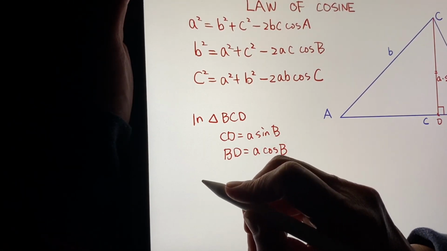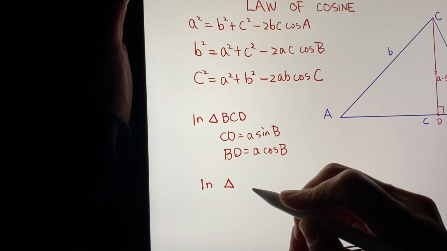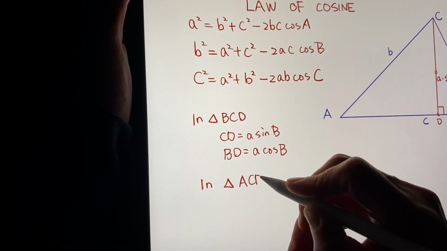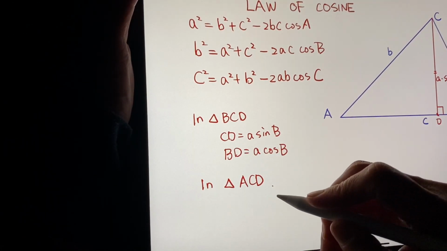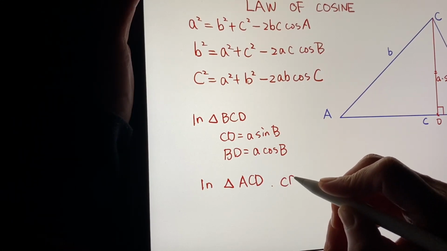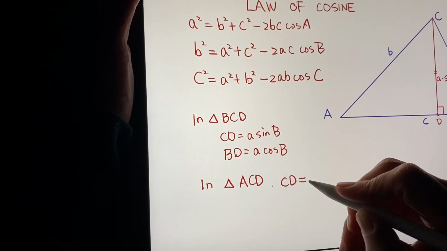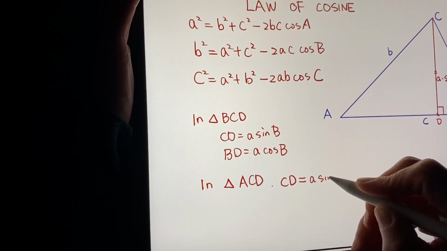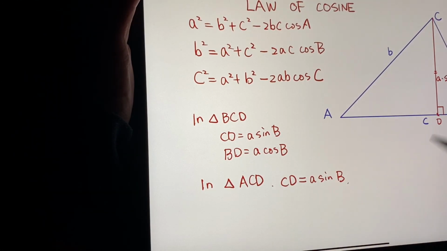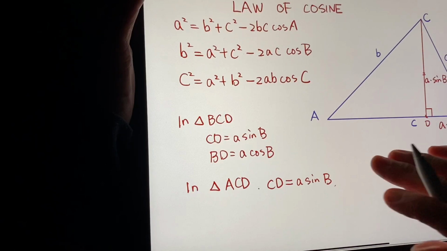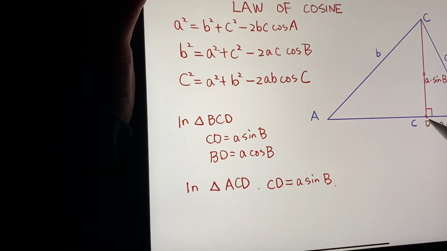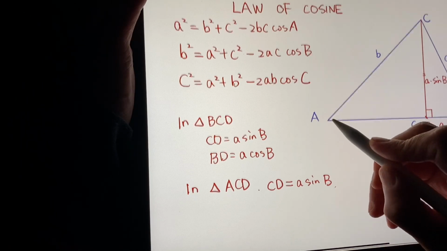In this triangle, we know the height CD, which is a sine B. We know the CD, it is the same, no change. And AD, that's the tricky part. AD, not AC, because this is a small one.